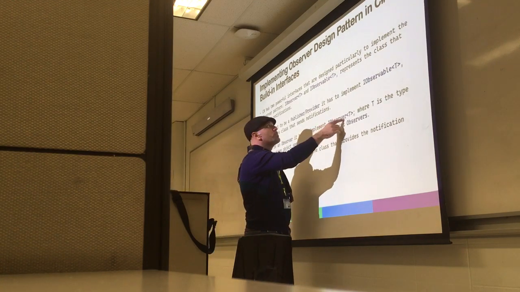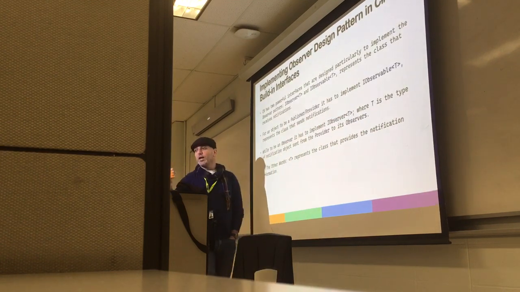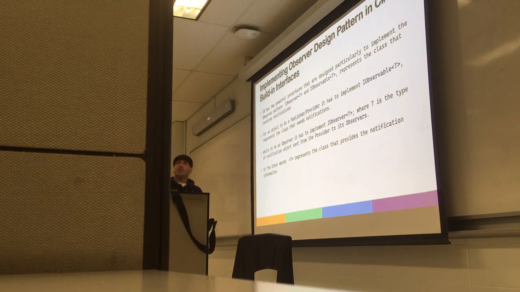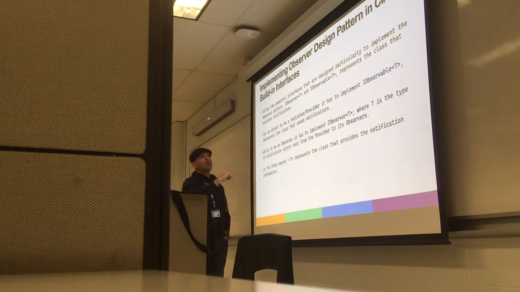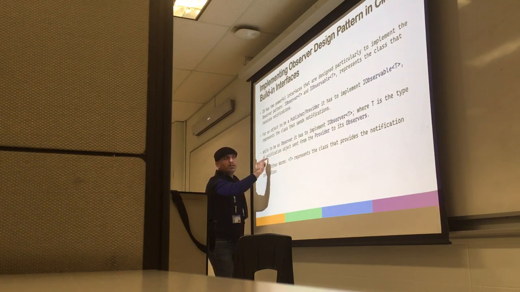In both interfaces, IObserver and IObservable, T is replaced by the application class, which I named the notification class. We just need to store data inside this class. To be an observer, it has to implement IObserver<T>, where T is the type of the notification object.